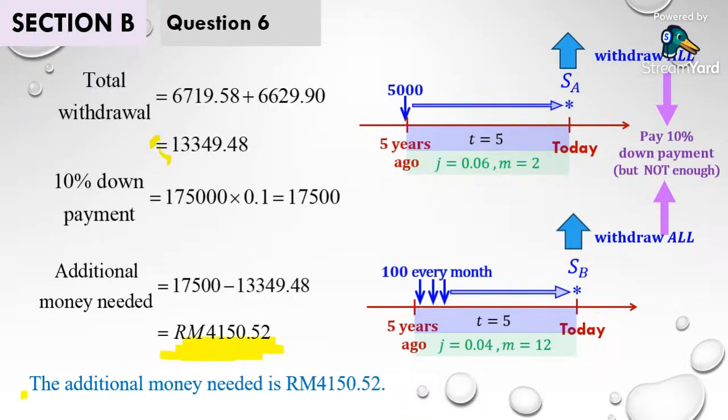In a sentence, the additional money needed is just as simple as that. But of course, I believe you won't want to write the sentence out. So make sure that for your final answer, as I highlighted here, you put the RM there. This is the final answer that we need, with RM. So that goes for question number 6.